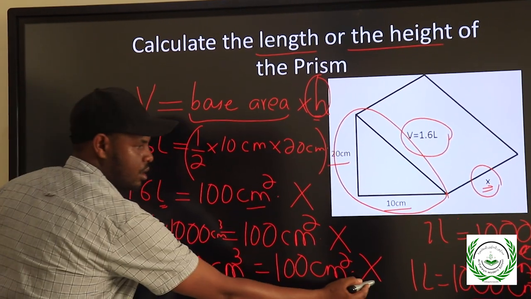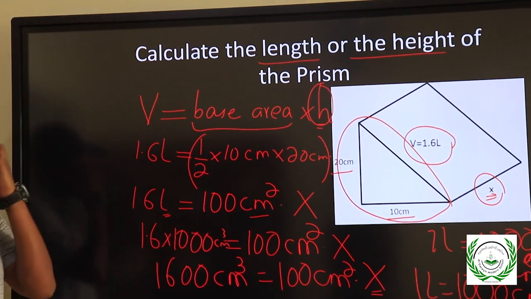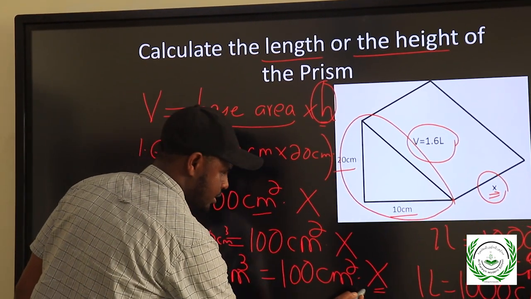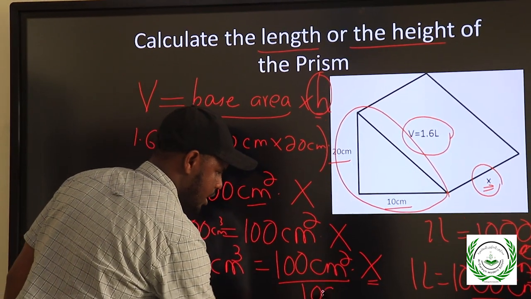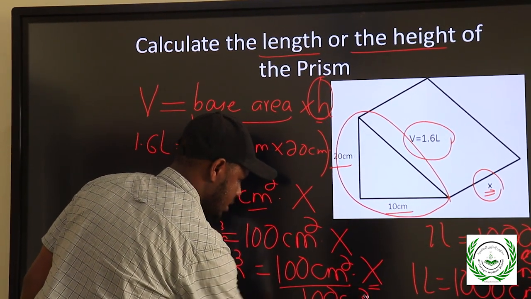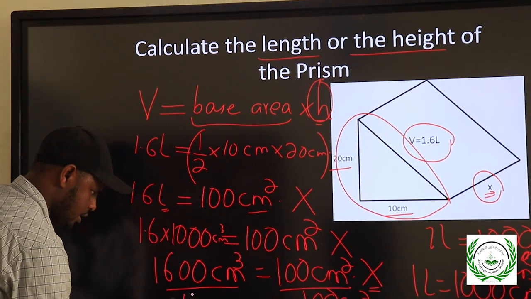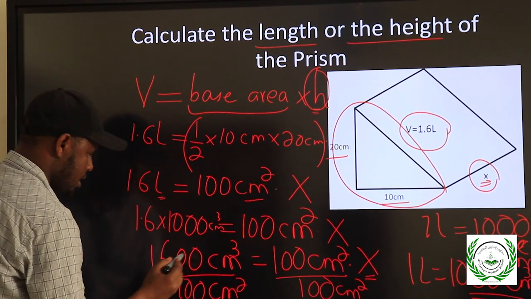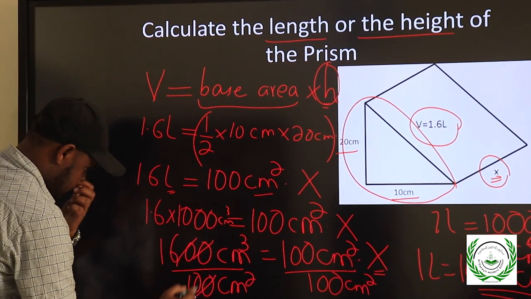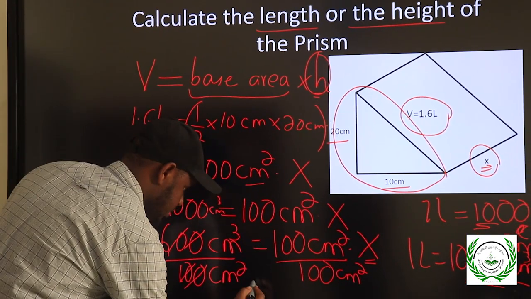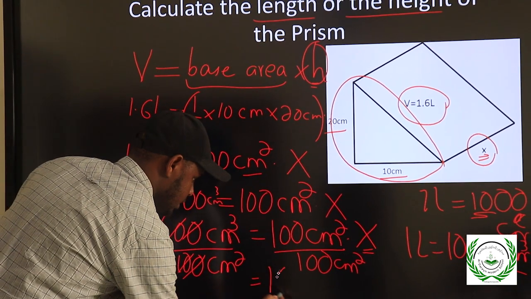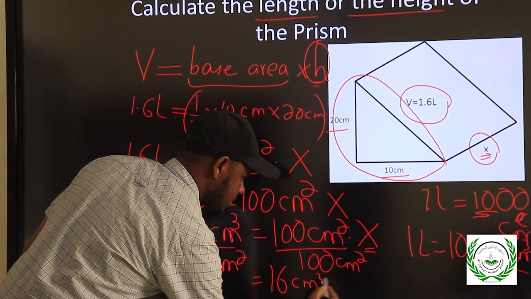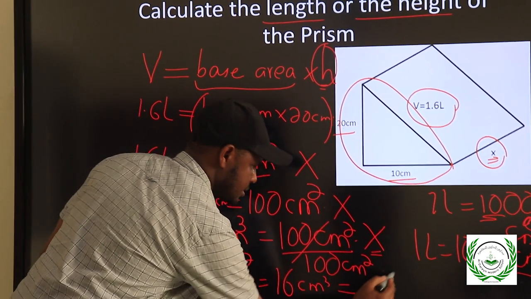So here we need to have x only. We have to divide both sides by 100. So here divide 100 square centimeters, and here divide 100 square centimeters. So if we divide by 100 here, we will get 16 cubic centimeters, and here is x.